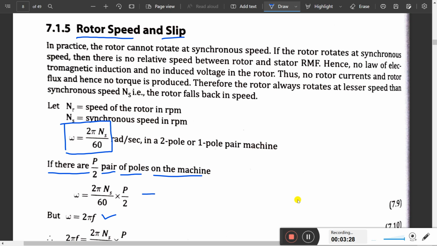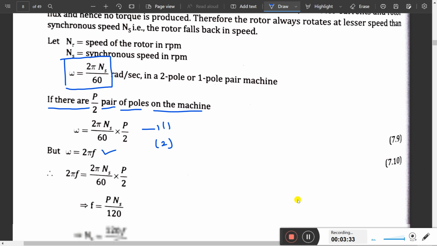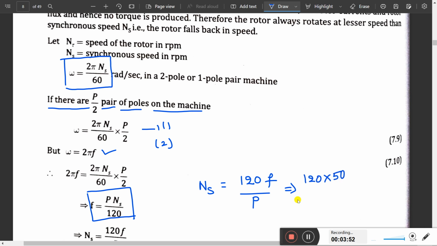Then we can equate equation 1 and equation 2. Then you will get f is equal to P Ns by 120. If you observe here, what is Ns? Can I rewrite Ns is equal to 120 f by P? For example, in our domestic supply you will get the frequency of 50 Hz, and the number of poles I am assuming here is 2. Then you will get 3000 rpm. It is nothing but the synchronous speed.